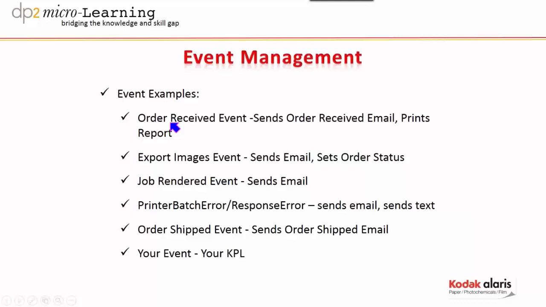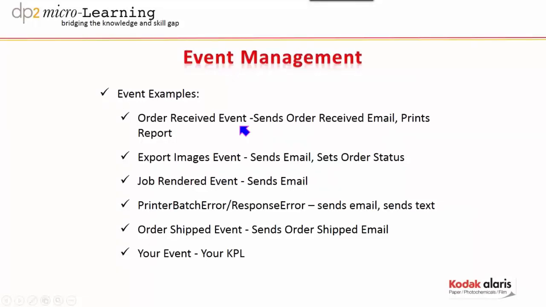It's obviously a realistic thing that happens in your dp2 environment. You might set up the order received event to make good things happen, but maybe your order received events already make good things happen because you're using rows and your emails are automatically sent and your reports are already printed. So use this one for whatever example you might want.